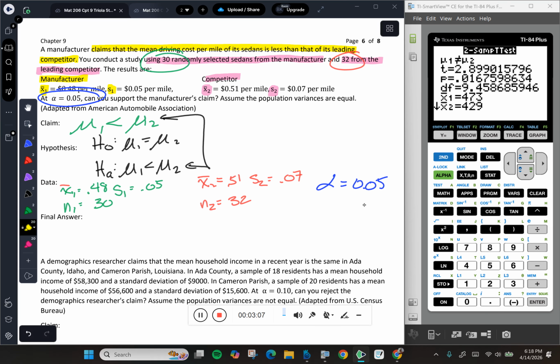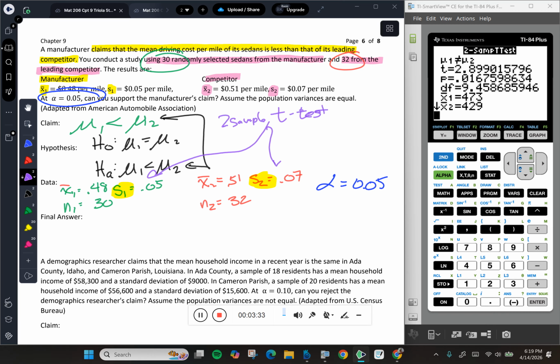Okay. Now, since we have sample standard deviations from both groups, I need to run a t-test. So that tells me that I'm running a t-test. But if I'm running a t-test, I know what you're thinking. Isn't it a two-sample t-test? Yeah, a two-sample t-test. I need something else.